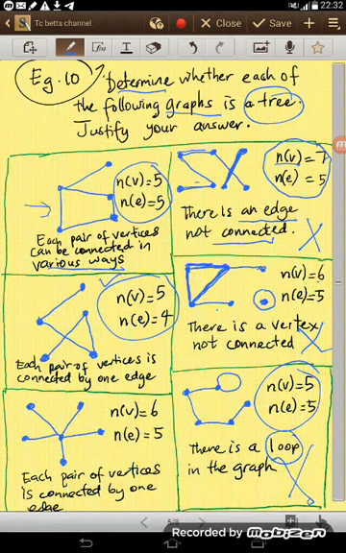This is okay, and each pair of vertices is connected by one edge. You can see here only by one edge and all connected. This one also is okay, and each pair of vertices is connected by only one edge. So that's it for determining whether it is a tree.